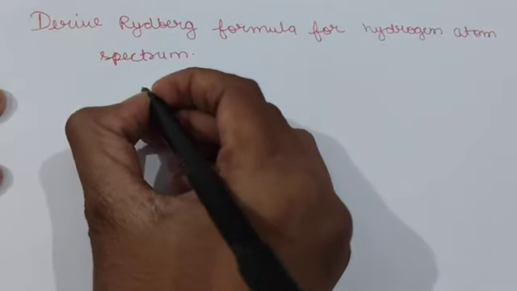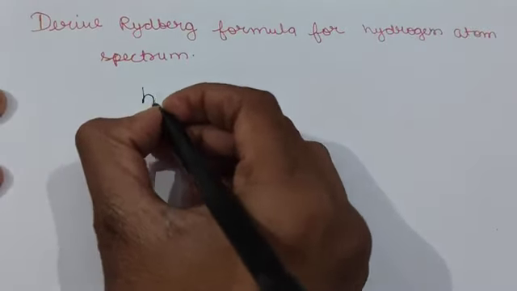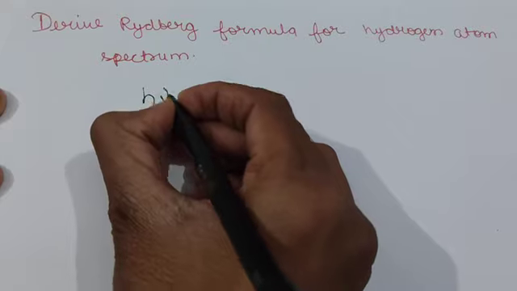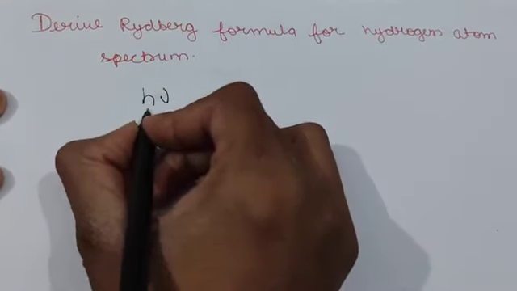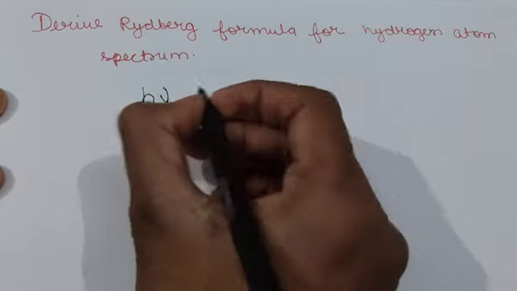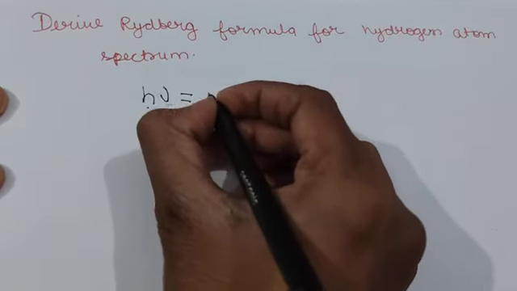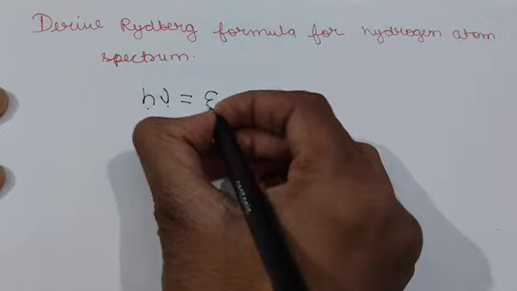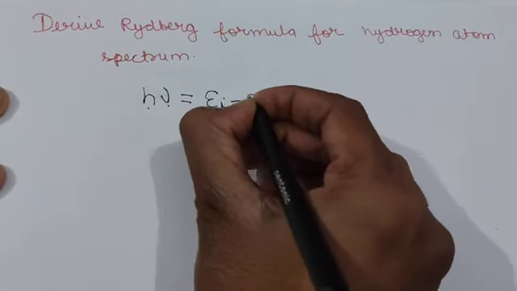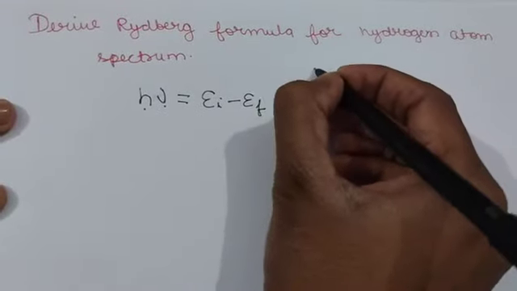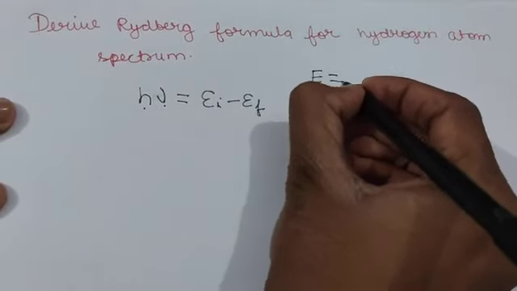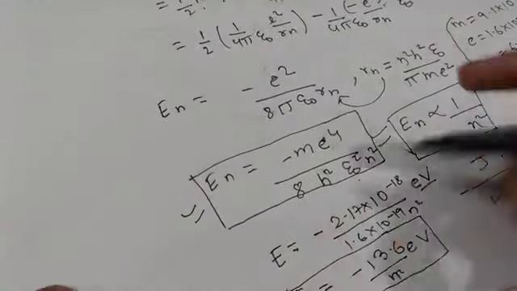We know that hν, that is h times nu, the Planck constant and frequency, is equal to the energy initial minus energy final. From the previous equation we already know this is En.